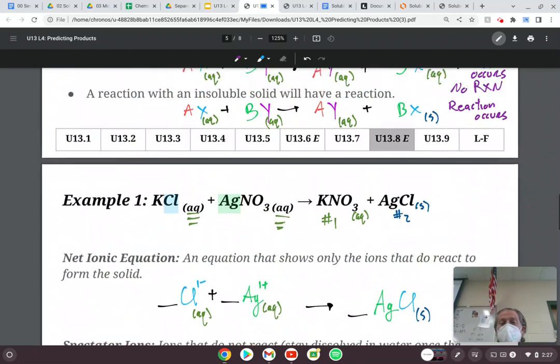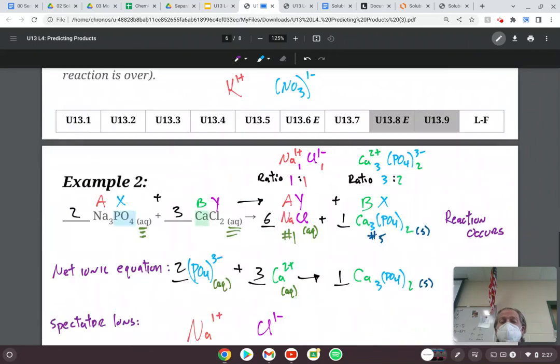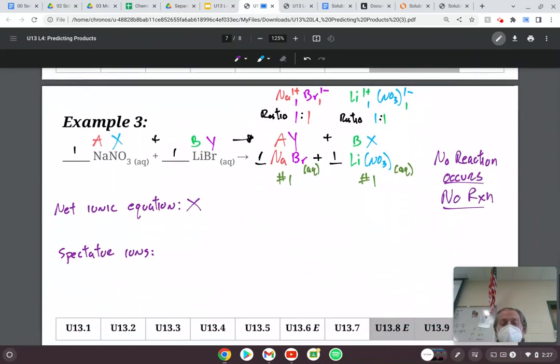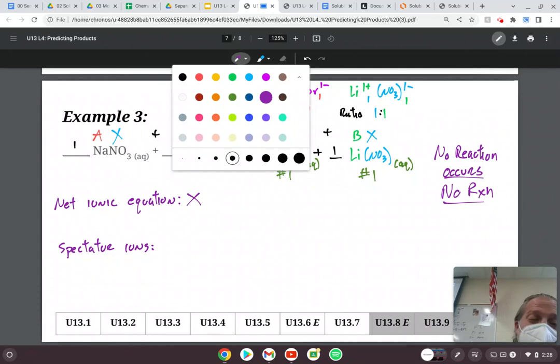If I go back up to here, the very first bullet point that I'm looking at says a reaction with 2 aqueous products, aqueous is considered as not reacting. Now I'm down here, and because it's not reacting, I don't have to write a net ionic equation. But I do have to identify what my spectator ions are, which in this case are basically all of them.